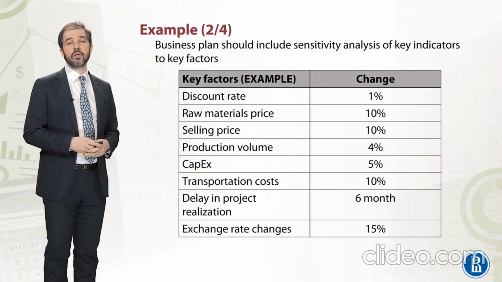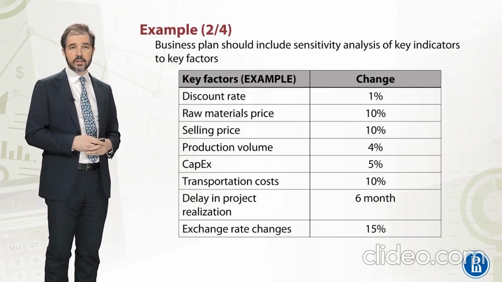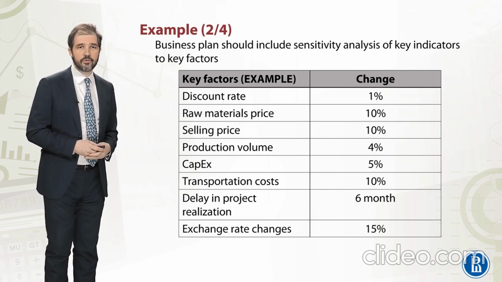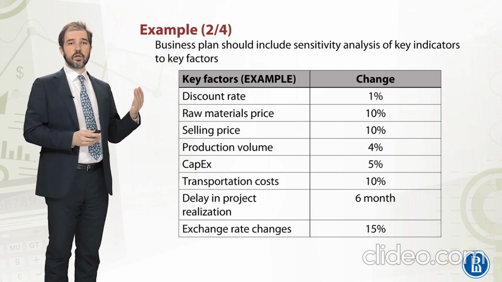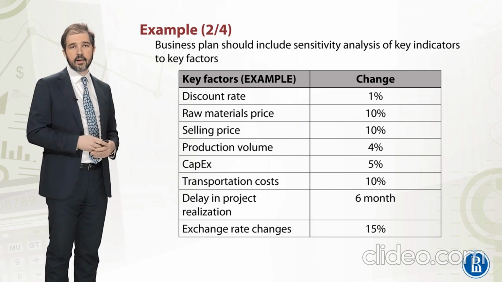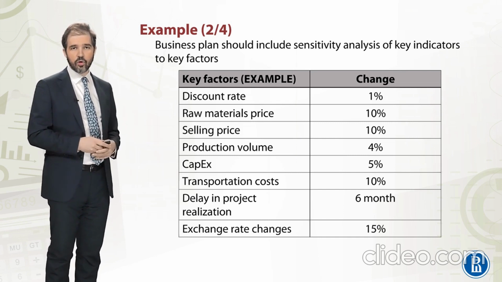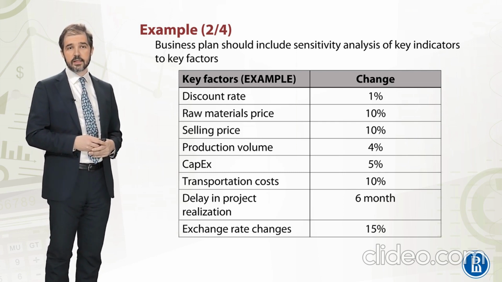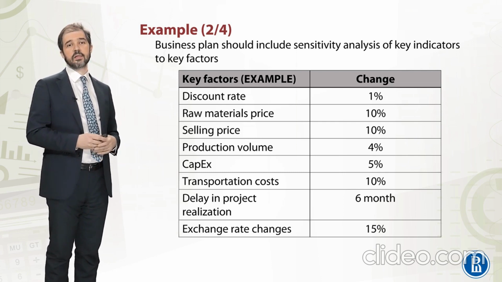Here we see on this slide different factors. So what we will change in order to check different results. We may change discount rate, raw material price, selling price, production volume in our project, capital expenses, transportation expenses.